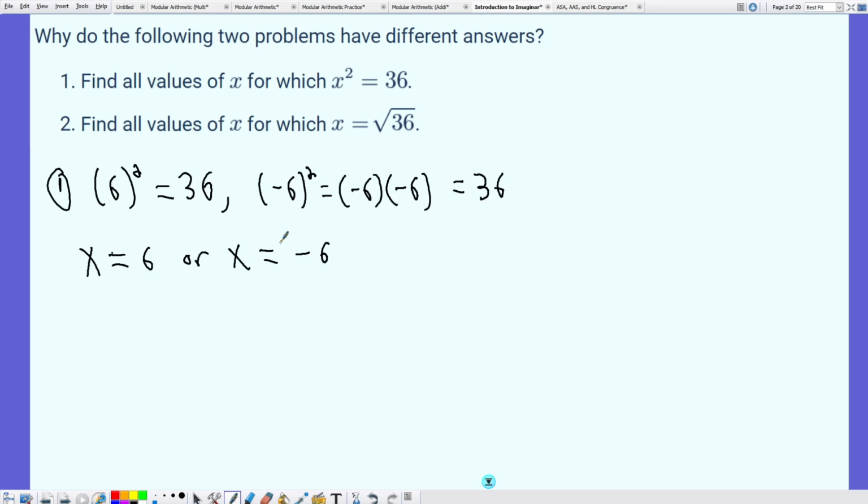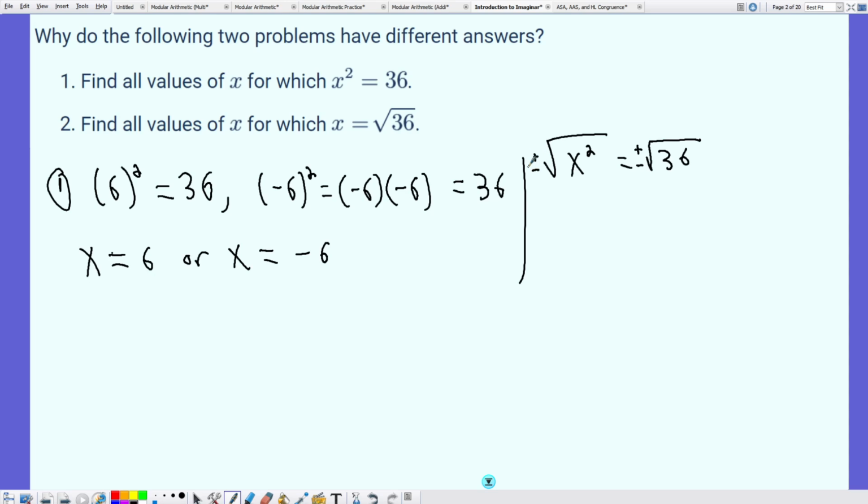Now, algebraically, hopefully you remember from algebra 1, if we were to solve an equation like this algebraically, we would have to take the square root on both sides of the equation to solve for x. However, whenever you actively take that square root, it's either positive or negative.